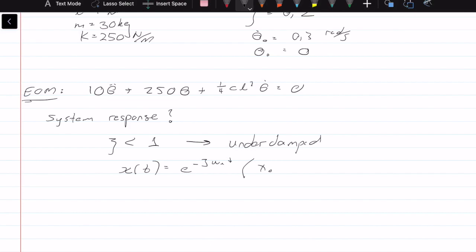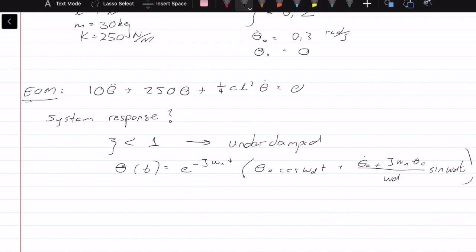Okay, let's actually, because we're working in theta, say theta is e to the minus C omega n t times theta naught cos omega d t plus theta dot naught plus C omega n theta naught over omega d sine omega d t.